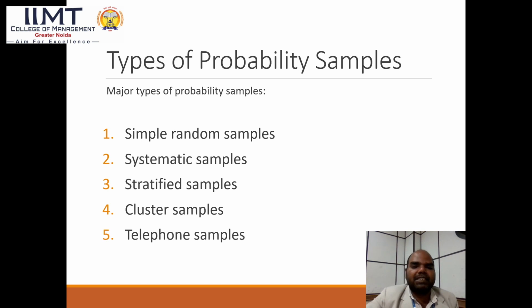There are five major types: simple random sampling (SRS), systematic samples (SS), stratified samples, cluster samples, and telephonic samples. These are some basic probability samples.